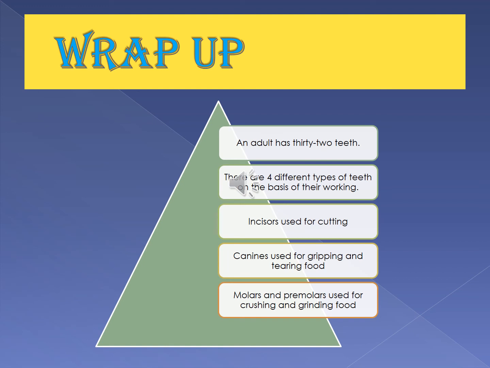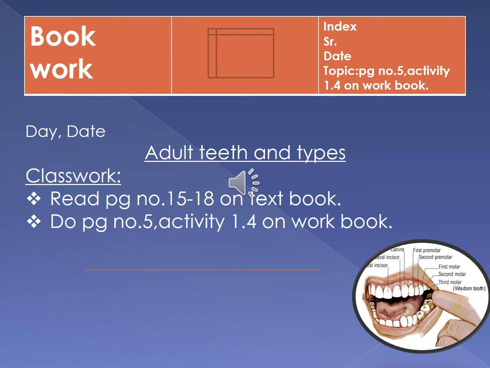So let's move to the classwork now. In classwork, you will read page number 15 till 18 in your textbooks. In written work, you will do page number 5, activity 1.4 in your workbooks.